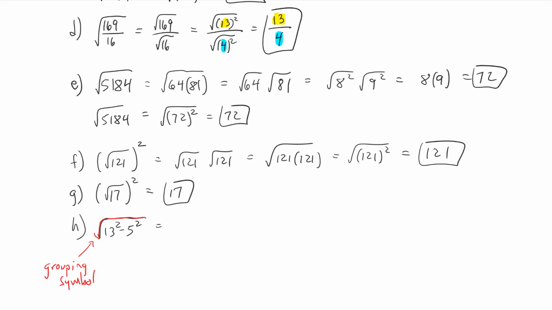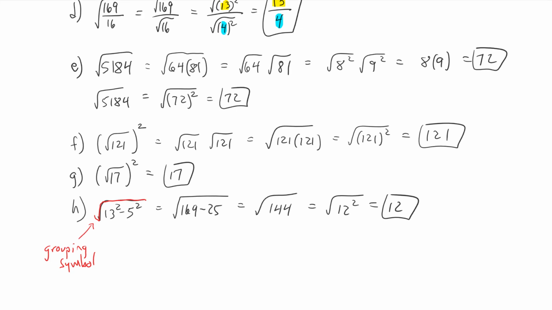Under the grouping symbol, I've got 13 squared minus 5 squared. So I have to do the exponents first, then I have to do the subtraction, and then I can do the square root. So be careful. You have to follow the order of operations. Do not assume you know what the answer is going to be.